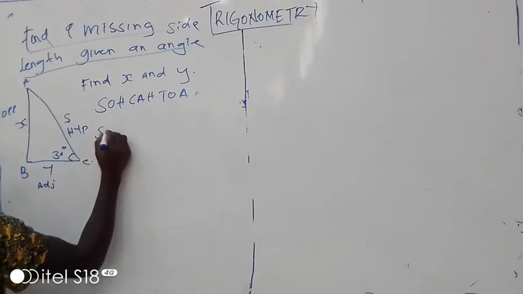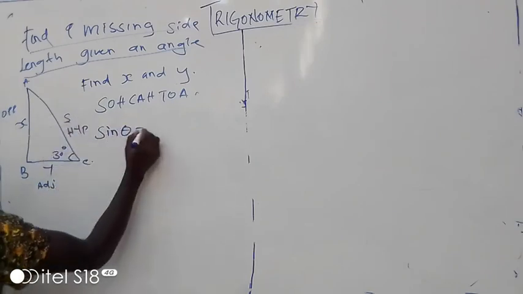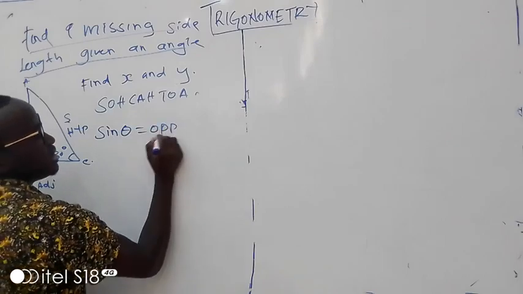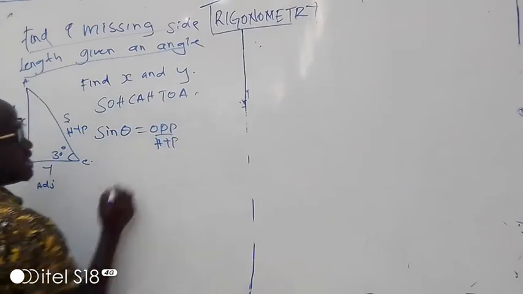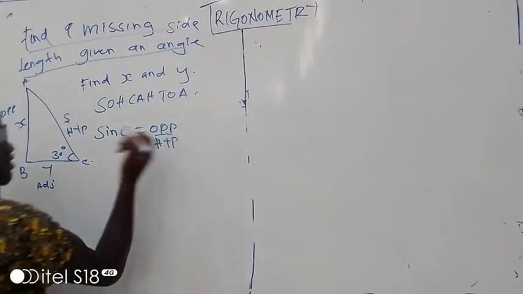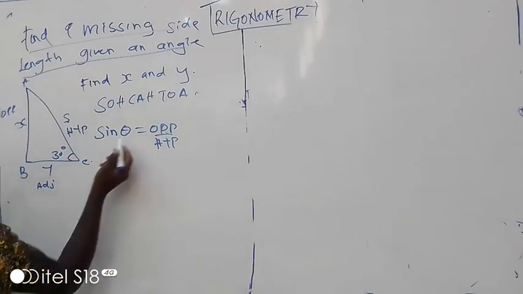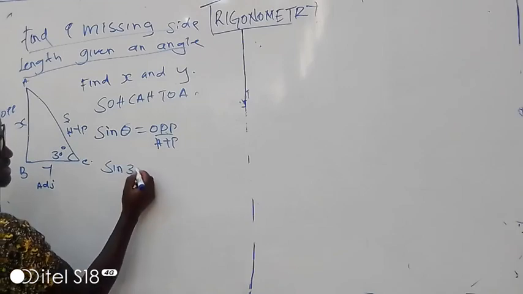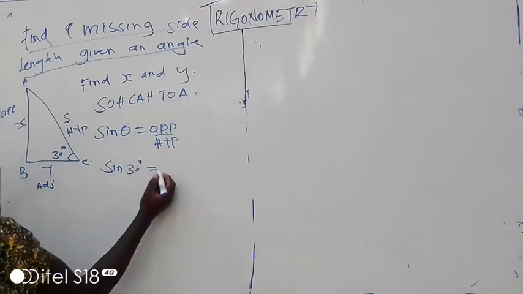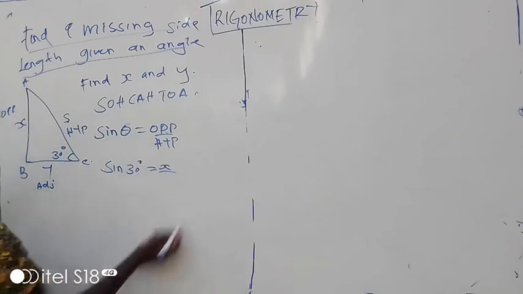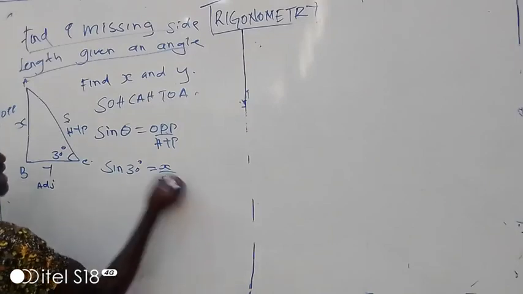So we can use sin theta, which is equal to opposite over hypotenuse. So sin 30 degrees is equal to opposite, which is x, over hypotenuse, which is 5.